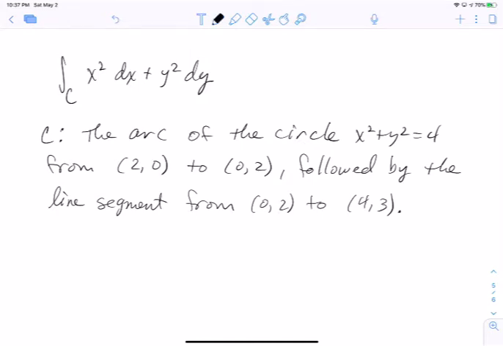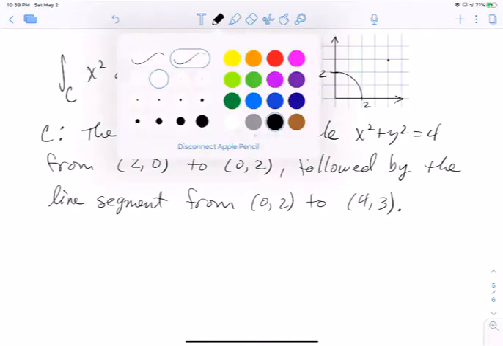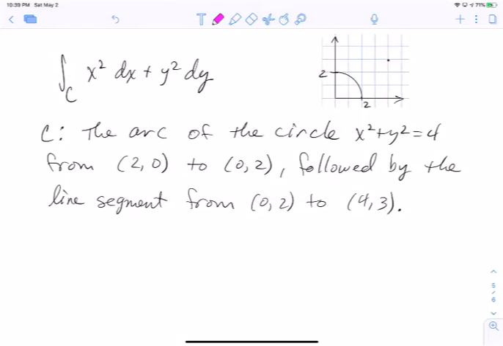Let's have a visual of what this looks like. So we have here our circular arc, and remember, we're told from (2, 0) to (0, 2), and that gives us the orientation for what we're going to call C1.